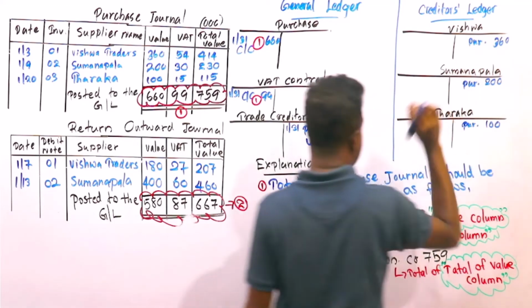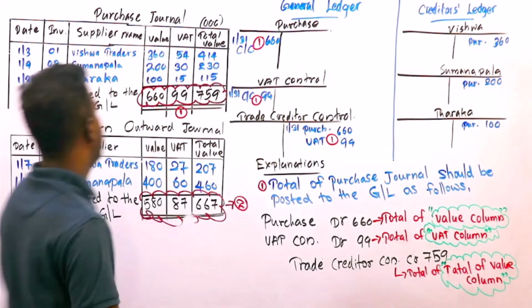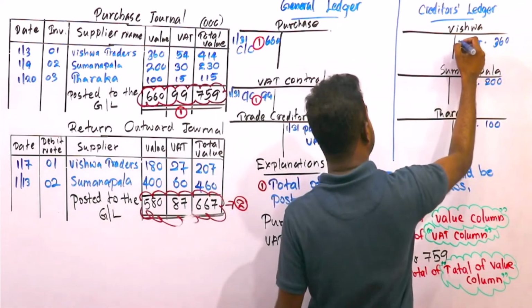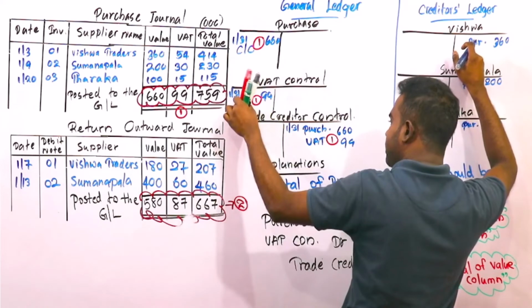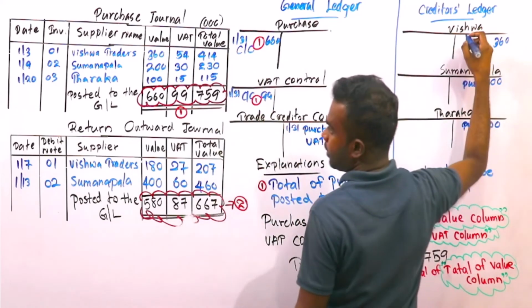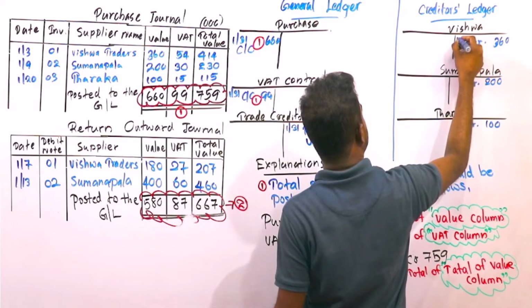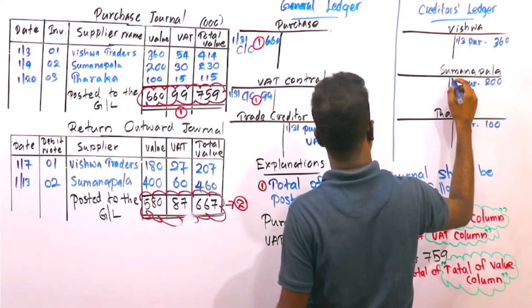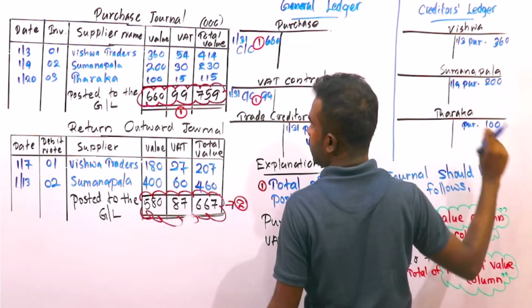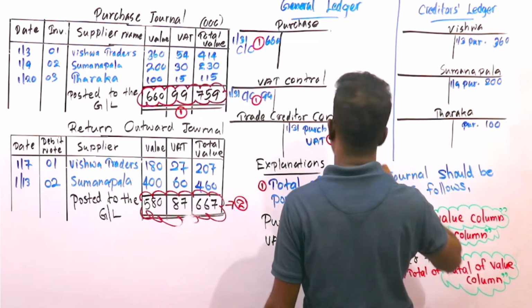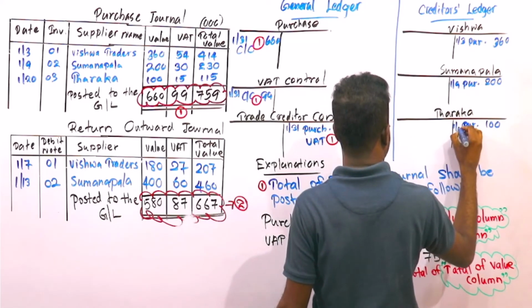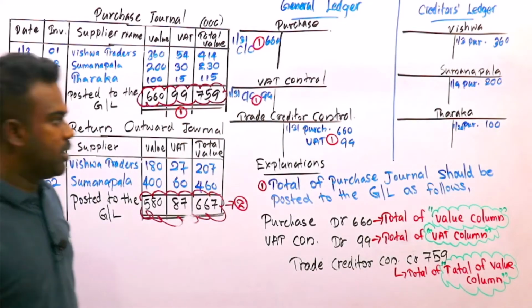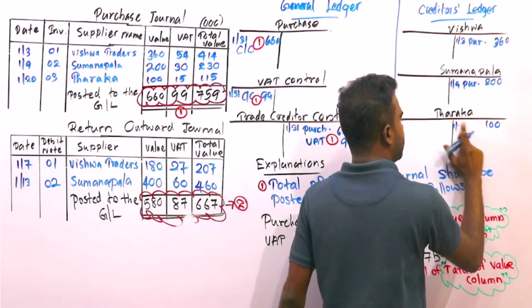But you can't write the end date, you have to write the transaction date only in private accounts. But in ledger accounts, you have to write the end date, right? End date, January 31st. And here also January 9, January 20th. Can you see here? January 20th, right?